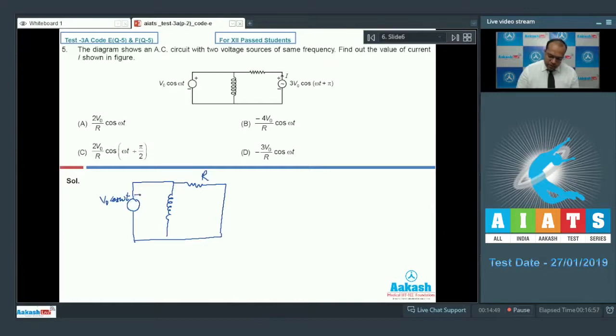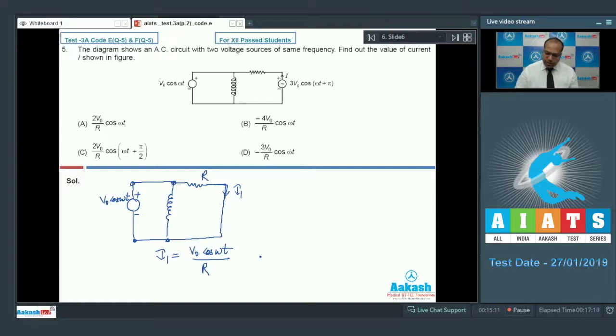So in this way, if this is at higher potential, it is at lower potential, let the current in this branch is I1, and since the potential between these 2 points is same as the potential between these 2 points, so I can write the value of I1 is equal to V naught cos omega t divided by R.